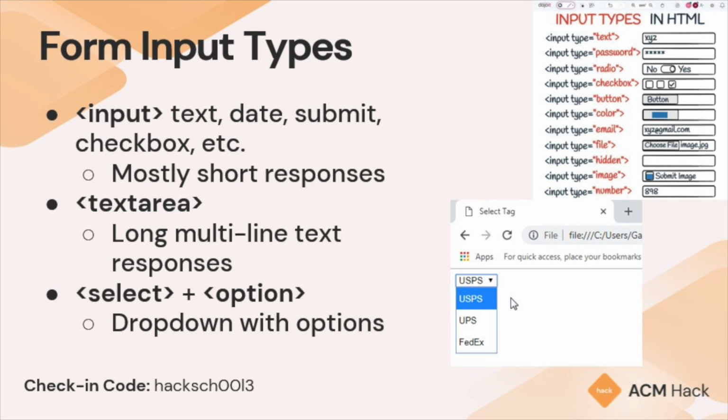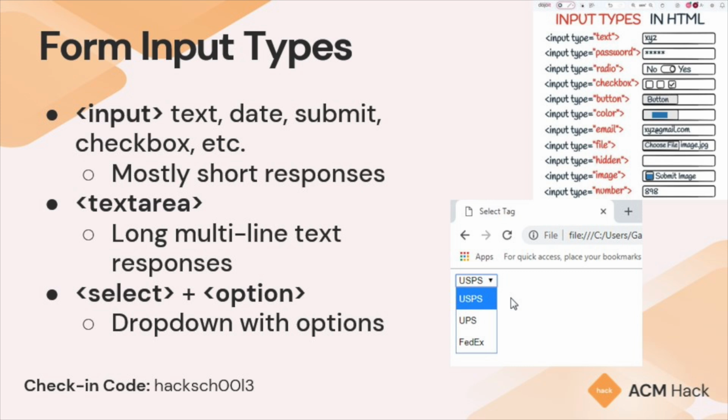Date just allows you to put in the month and the day and the year, and it makes it very easy for anyone who wants to create dates in a form. And then submit is, again, like I said, you can just submit your form with the submit type. And then checkbox is, as you see in the image, check a box, like yes, no. You're able to do that with that input type in HTML.